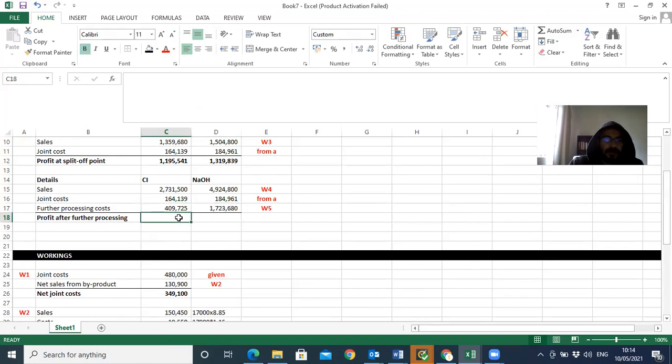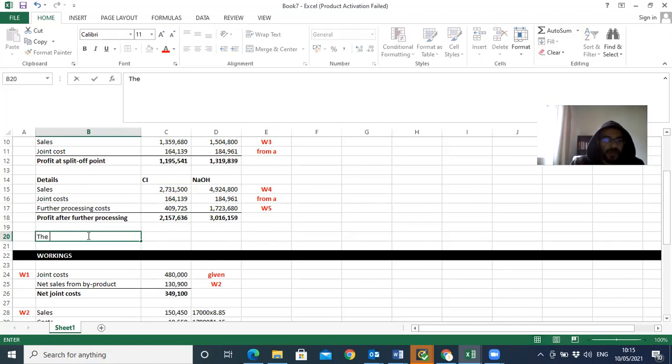So now we add up, we're going to say sales less all the costs. So that profit is higher. You can see the profits are higher if you do further processing. So what we're going to do, we're going to say, the profit for both products are higher when doing further processing.